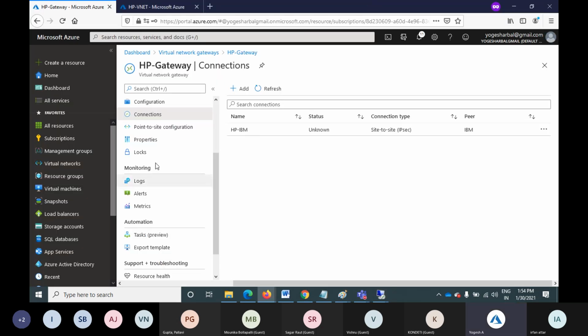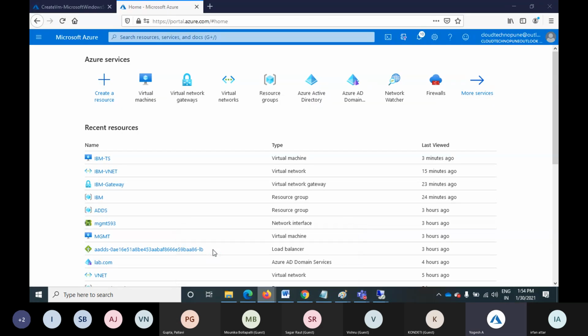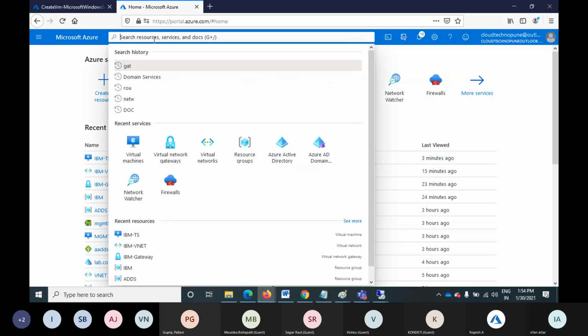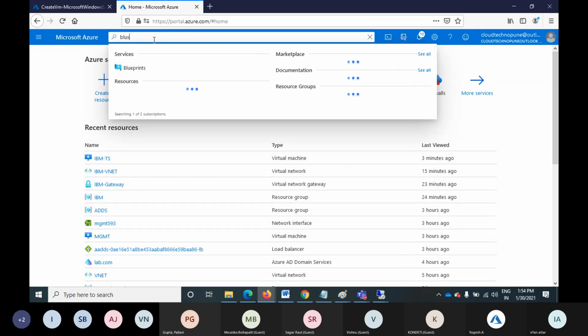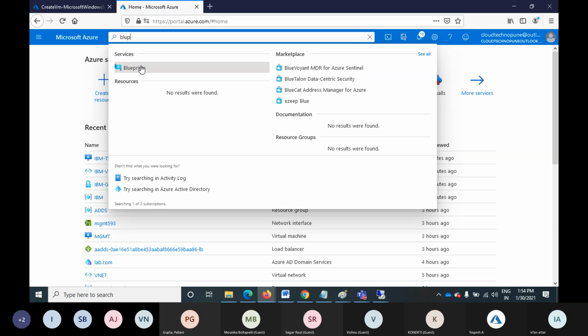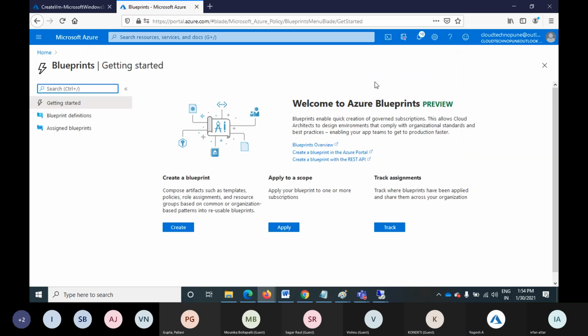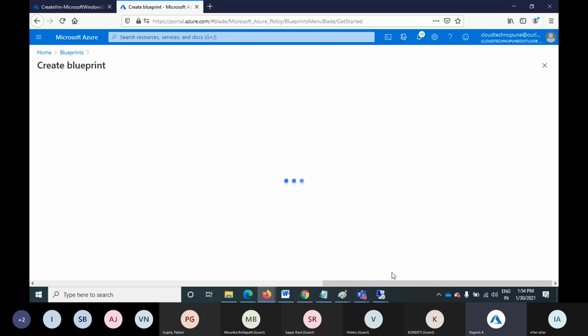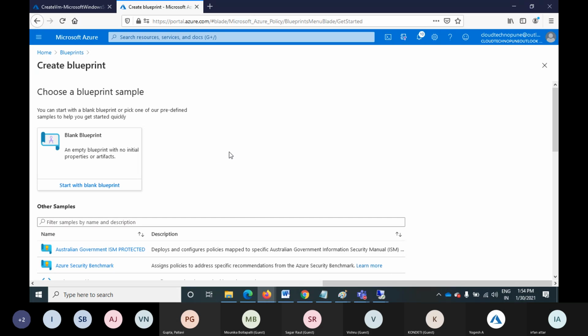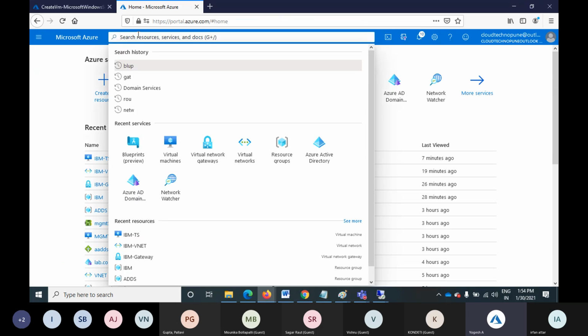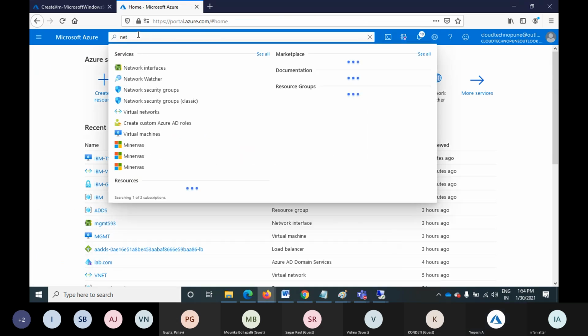Let me check. Okay, so there is one more feature, which is Network Watcher.